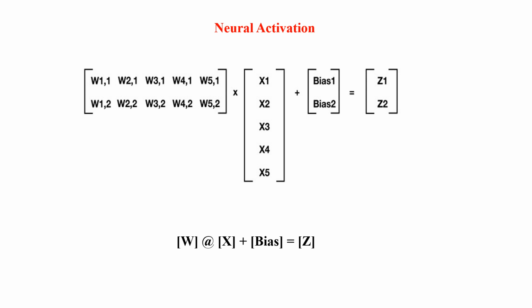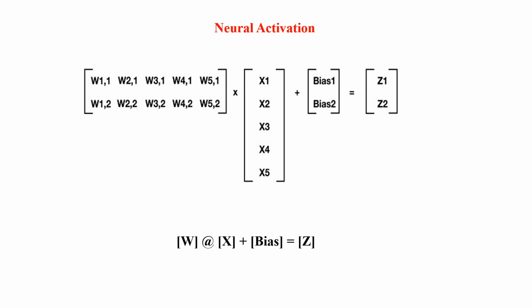For any layer of a neural network where the prior layer is m elements deep and the current layer is n elements deep, this generalizes to the matrix W multiplied by the matrix X plus the bias matrix equal to matrix Z. Where W is an n by m matrix of weights, that is, connections between the prior layer and the current layer, and X is our m by 1 matrix of either starting inputs or activations from the prior layer, and bias is our n by 1 matrix of neuron biases, and Z is our n by 1 matrix of intermediate outputs.